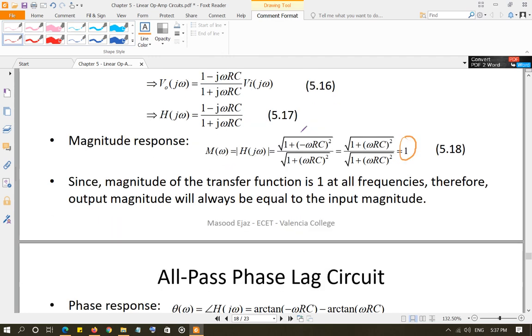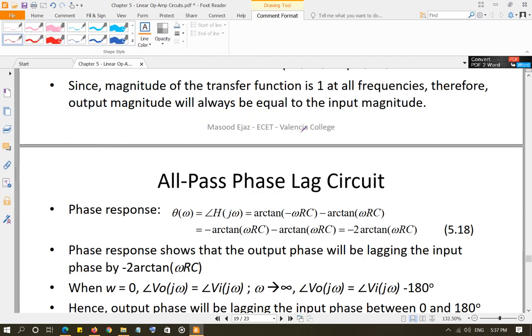So numerator phase minus denominator phase: tangent inverse of negative omega Rc minus tangent inverse of omega Rc, and tangent inverse of negative omega Rc is the same as negative arctan of omega Rc. So you add the two together and you get negative 2 arctan of omega Rc. That's going to be the phase response of this circuit.